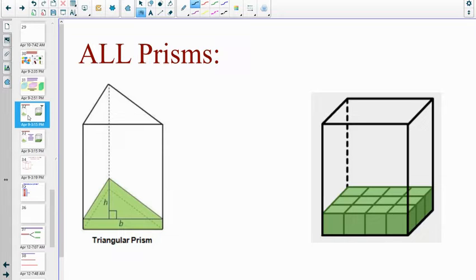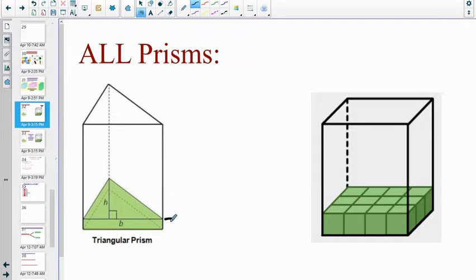My formula for all prisms is going to go like this. If I think about a triangular prism or another rectangular prism, I'm going to think about what is the area of that base? What is the, well, either area or volume of that one little thin layer? And if I can figure out what that is, then I'll multiply by whatever that distance is.